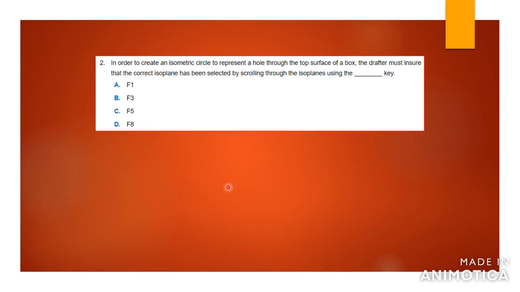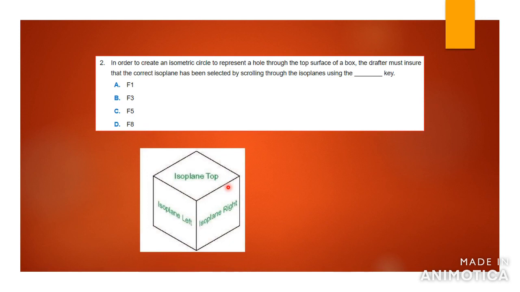And as you know, an isometric circle is different from your regular circle. It's like a 3D circle. And the question asks, what would you use to represent a hole or a circle through the top surface of a box? Okay, so let's say you have the box as shown here. You have 3 planes.